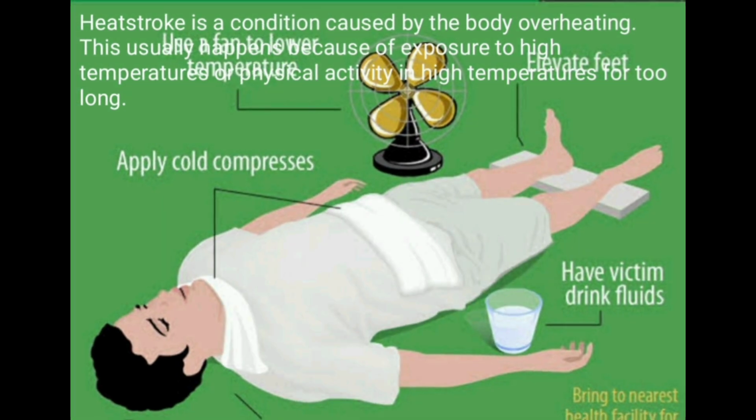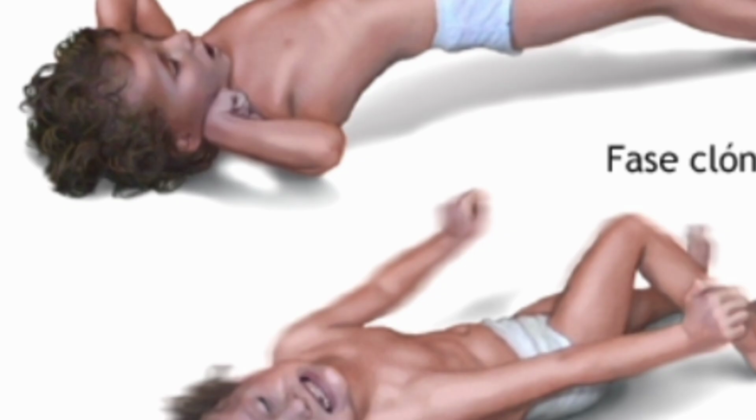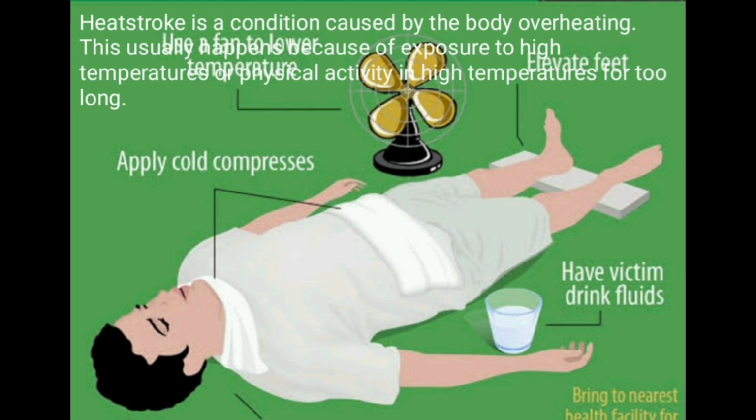The number one cause we'll be treating is heat stroke. This was a recent personal experience, where a little girl in the church congregation was affected by heat stroke, and she started jerky movements and so on.